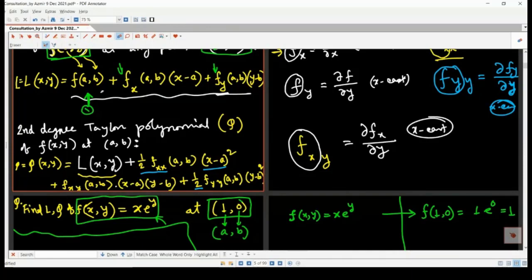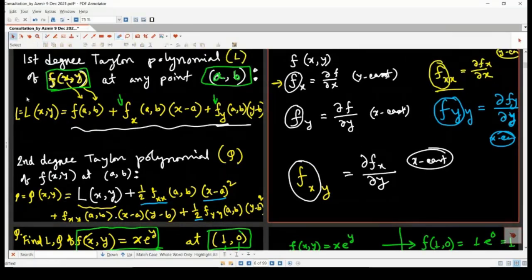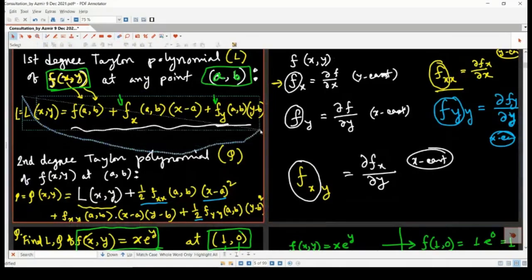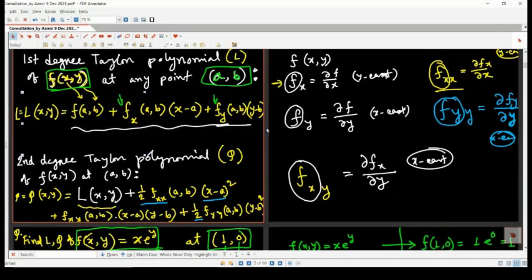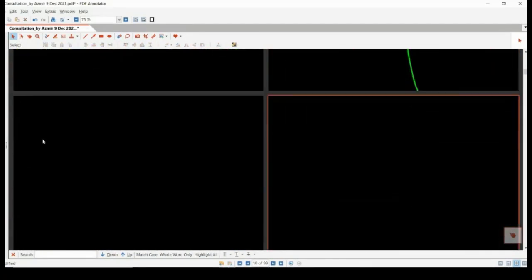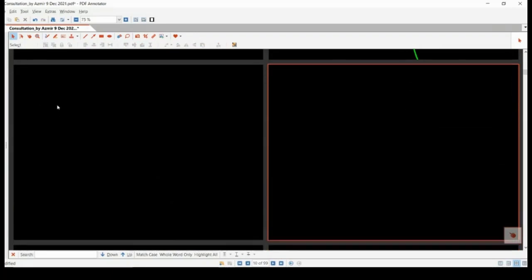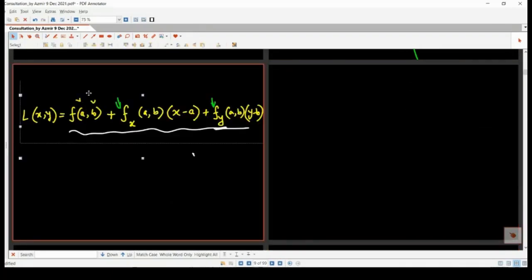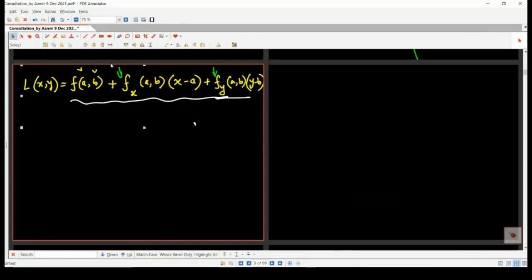It's 1. So let me write the formula again in another page so that you can understand. So we have found this one. The value is 1.